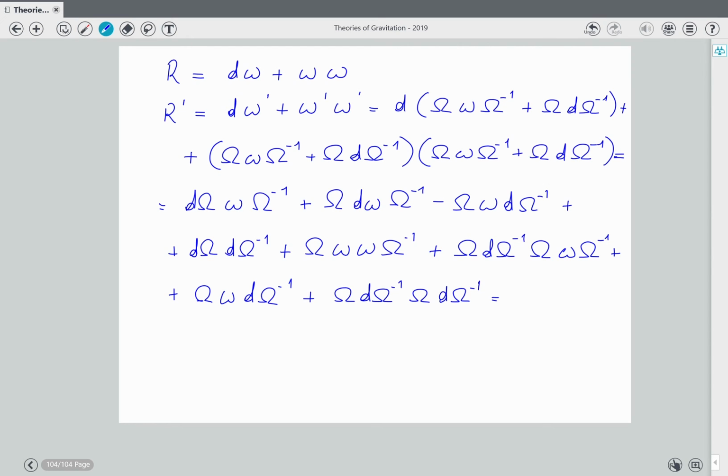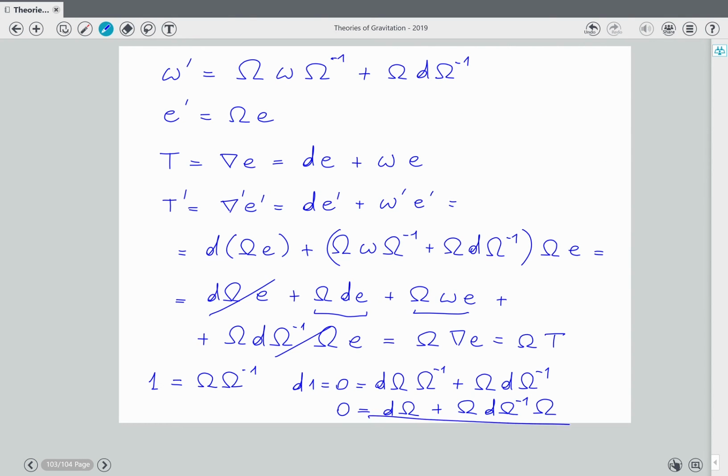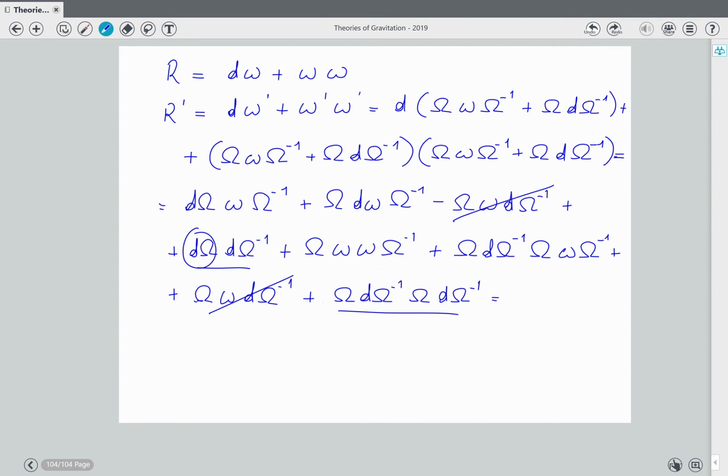Something simplifies. For example, this object and this object are opposite to each other, but there are other things that simplify, because check, for example, this and this one, they factor a d Omega to the minus 1 to the right, but what you have in front are opposite to each other for what we proved earlier. So those two things cancel out as well.